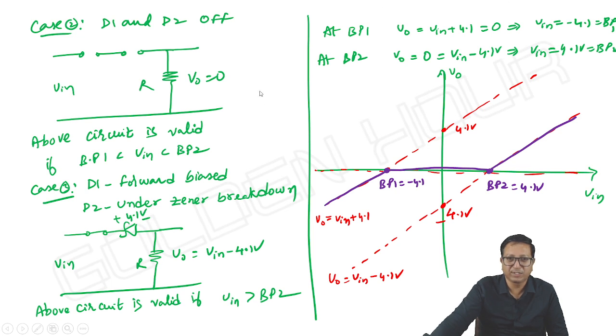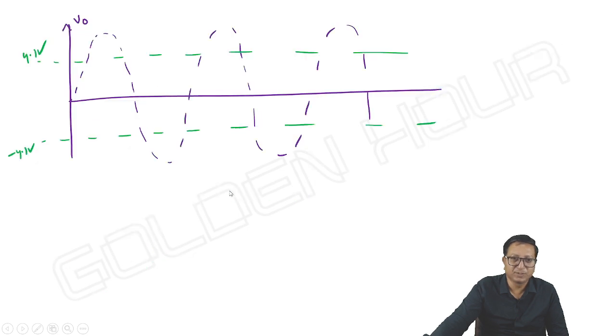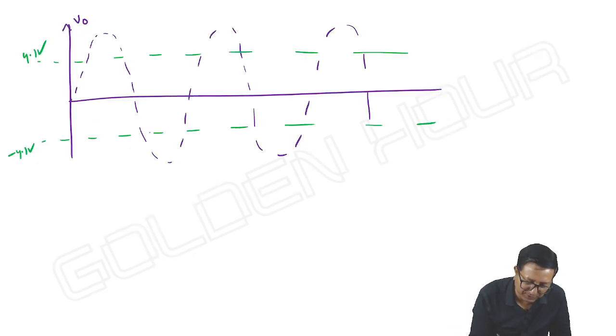No diode conducts and hence output is 0. If input is less than breakpoint 1, output is V input plus 4.1. So less than minus 4.1, it is anyway. Output is simply 0.